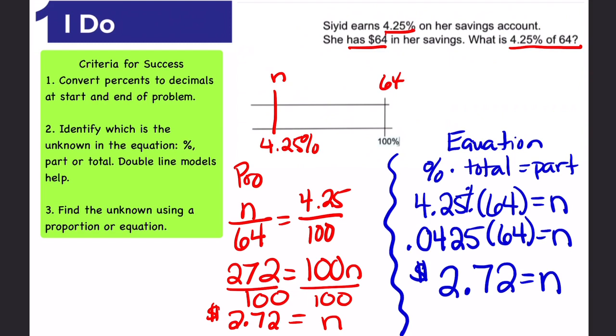If you're doing your equation, just remember that your percent has to be changed to a decimal before you multiply. So that way you can actually multiply. I almost forgot to write in this little percent sign, and that would have given me an entirely different answer. But anyway, I'm going to stop talking, hit pause so you can jot this down into your work.